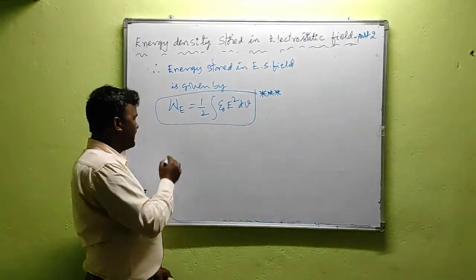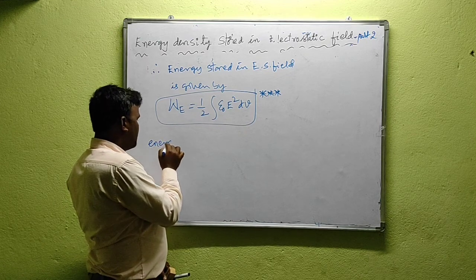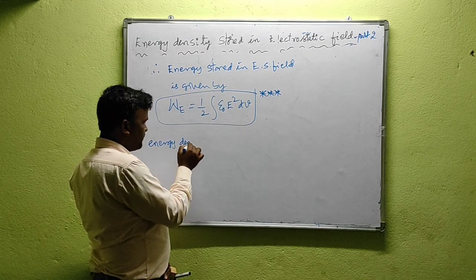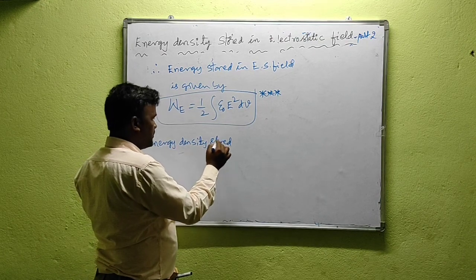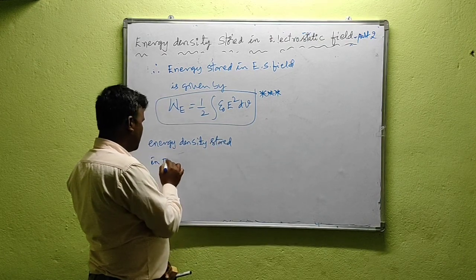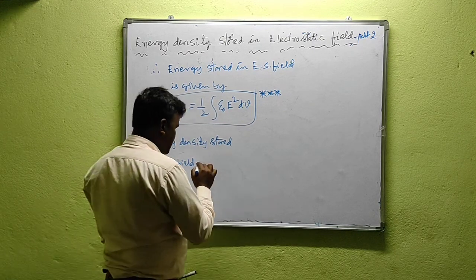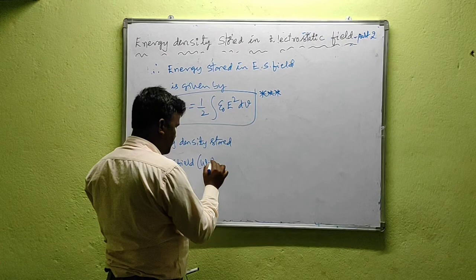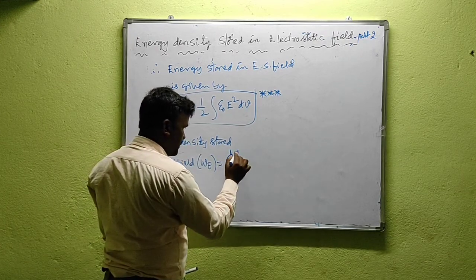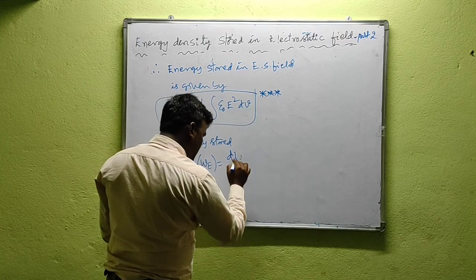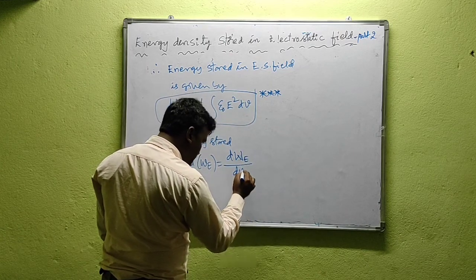But what we required is the energy density stored in the electrostatic field. Energy density stored in the electrostatic field is given by small WE, which is energy per unit volume, that is dW by dV.